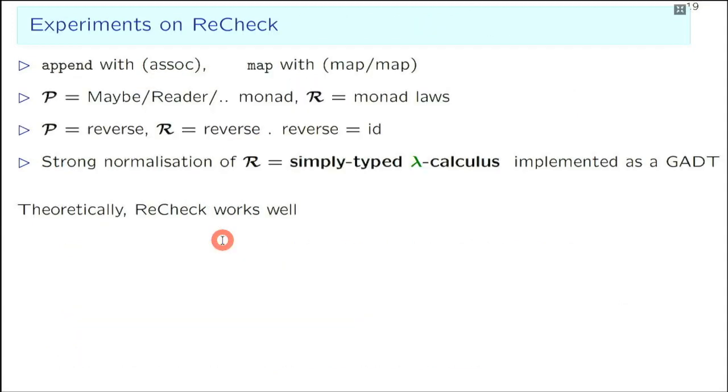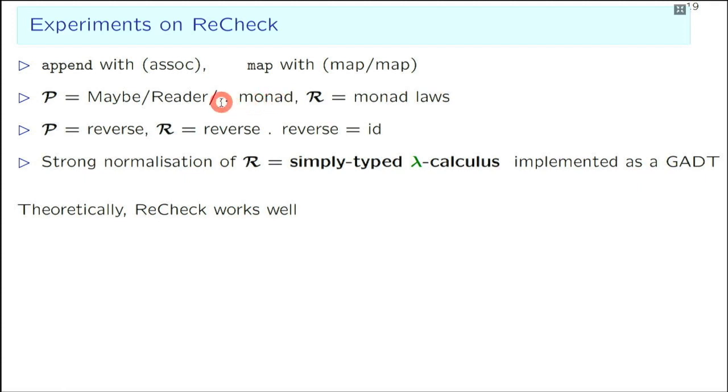Then we have applied ReCheck to check actual Haskell programs. I report several results from many Haskell programs. As I have shown with the append and map example, ReCheck automatically checks the correctness of the rules.